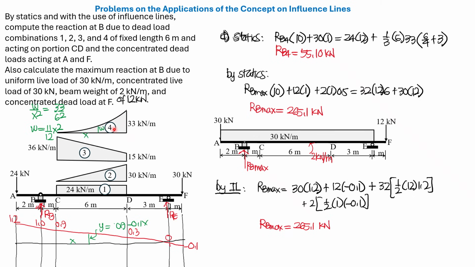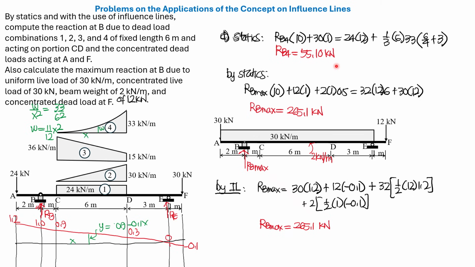This distance is 6 over 4 or 1.5, then plus 3. So plus 3, that's the moment arm of the equivalent loading due to this parabolic loading. So solving for RB4, it is 55.10 kilonewtons.